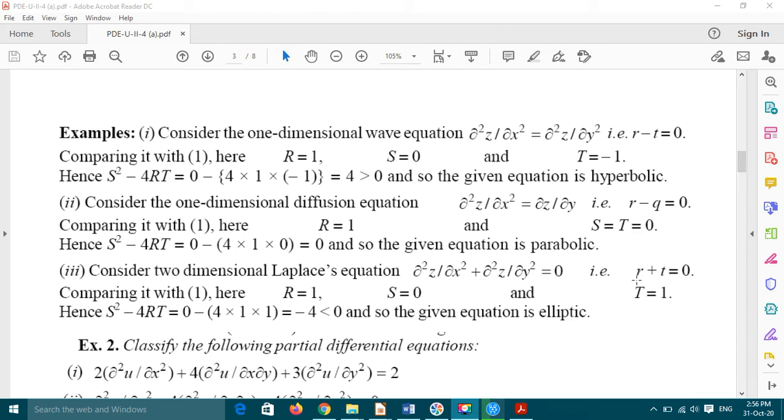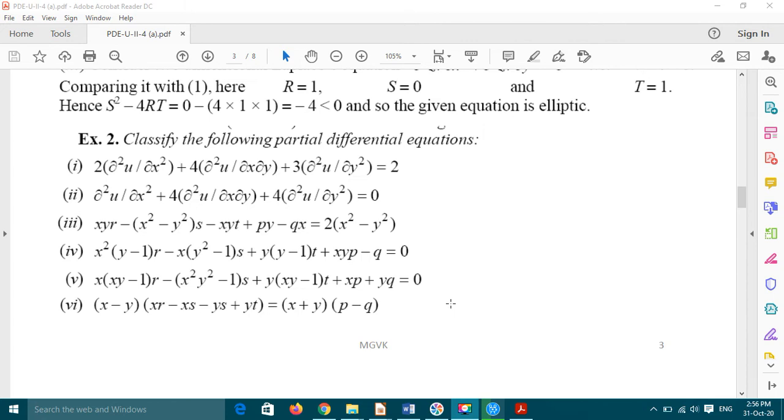Then we get the coefficient of small r to be 1, the term which contains s is absent so capital S is 0, and the coefficient of t is 1, so capital T is 1. Now compute the value of s² − 4rt. The value of s is 0, minus 4 into the value of r, which is 1, and the value of t, which is also 1, so we get −4, which is less than 0. It means the two-dimensional Laplace equation is an elliptic differential equation.